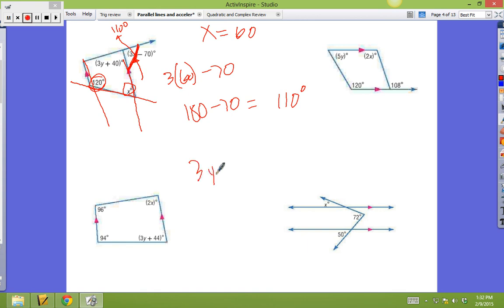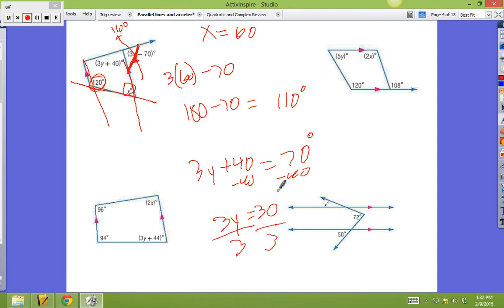So that means if you look at this 3y plus 40, it has got to give you 70 degrees. And then do the algebra, solve for y, so minus 40, minus 40. We got 3y is equal to 30, divide by 3, divide by 3. So that means y has got to be 10.